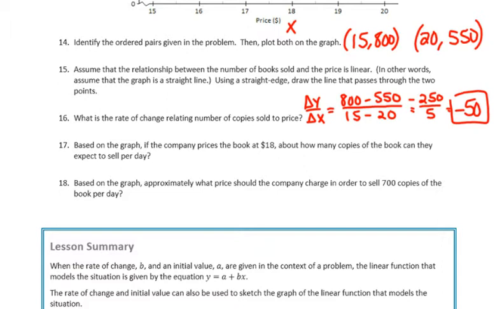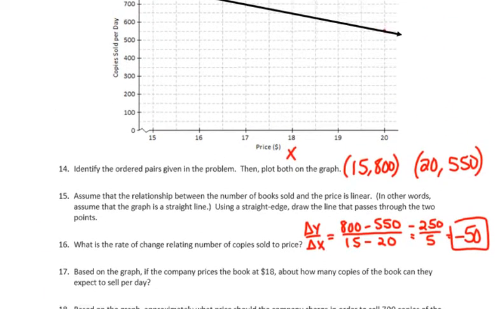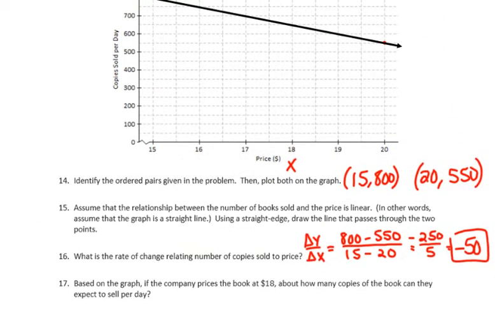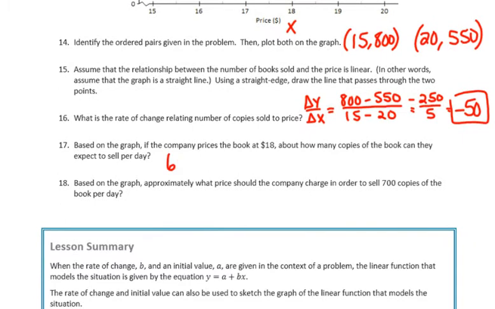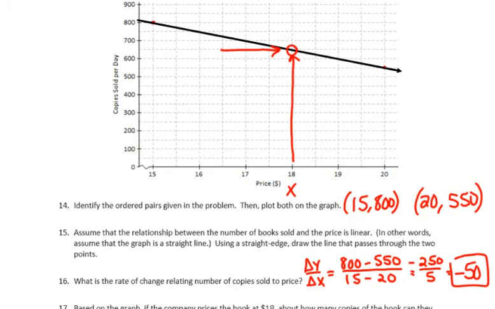Based on the graph, if the company prices the book at $18, so if I go up here and I find $18 and I go up, it meets at 650 copies. Based on the graph, approximately what price should the company charge in order to sell 700 copies of the book per day? 700 copies, so they want to know approximately.